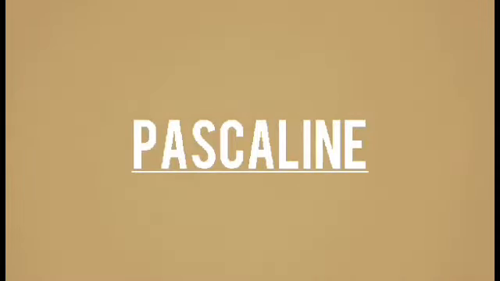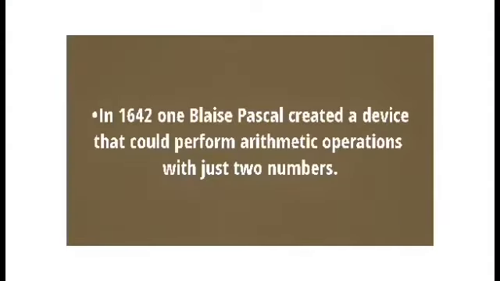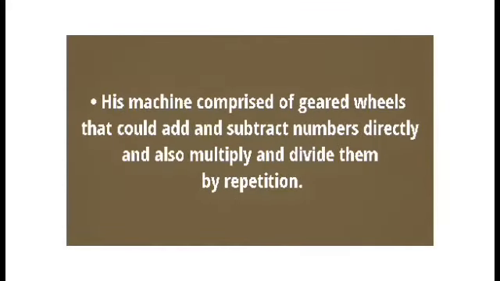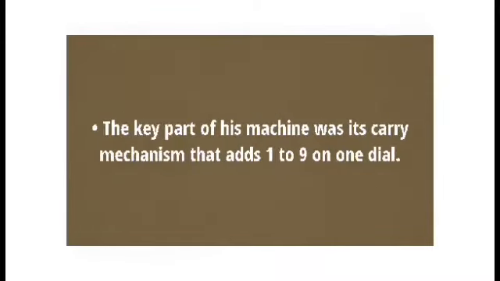Pascaline. In 1642, Blaise Pascal created a device that could perform arithmetic operations with just 2 numbers. His machine comprised geared wheels that could add and subtract numbers directly and also multiply and divide them by repetition. The key part of his machine was its carry mechanism, which adds 1 to 9 on one dial.